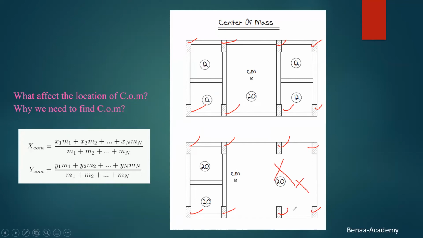There's no beam here, there's a beam here. If the layout is symmetric, the CM and CR can coincide, but if the CM is away from the CR, there will be an eccentricity E, which will create a torsion. I want to highlight this: it's really important for the engineer to know, and never neglect the torsion effects on the building.